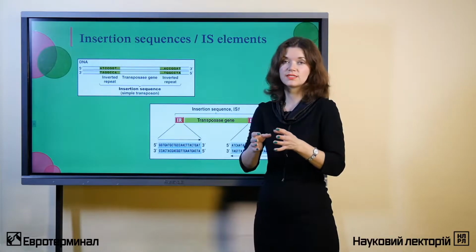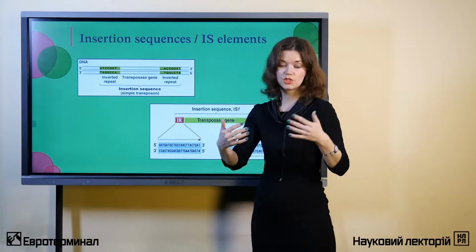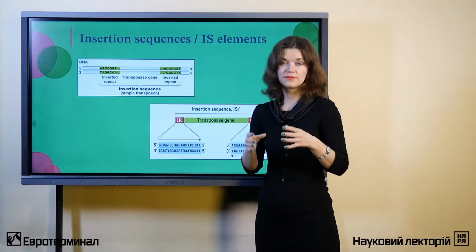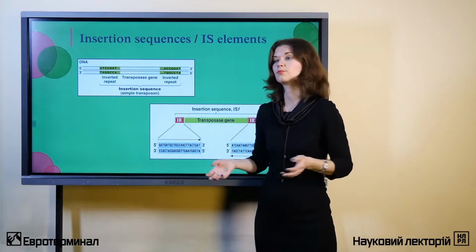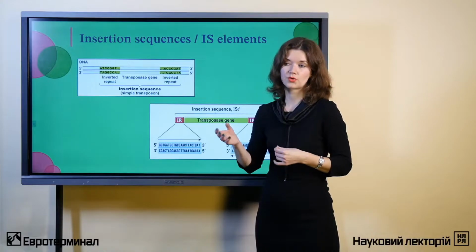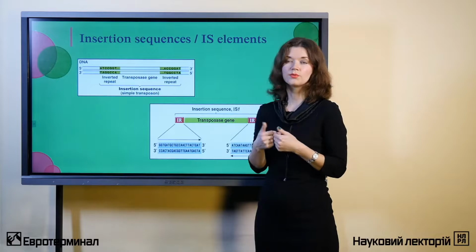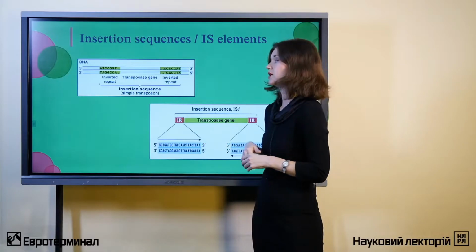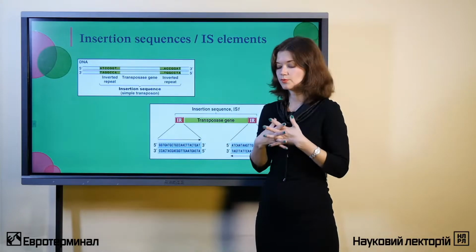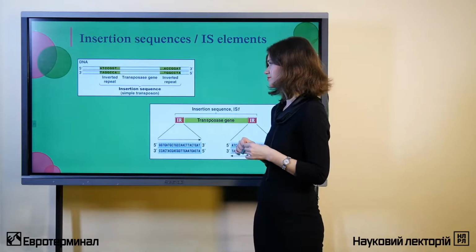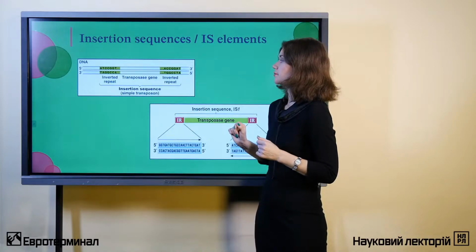So the gene is silenced. If this element leaves, the gene will be whole again. But if this element stays, the gene is silenced and not working any longer. And actually it can cause some sort of disease in human or animal organisms. It can cause the death of bacterial cells. So the consequences can be different.